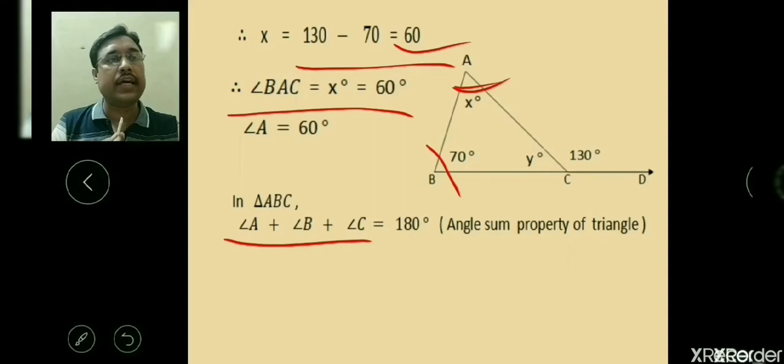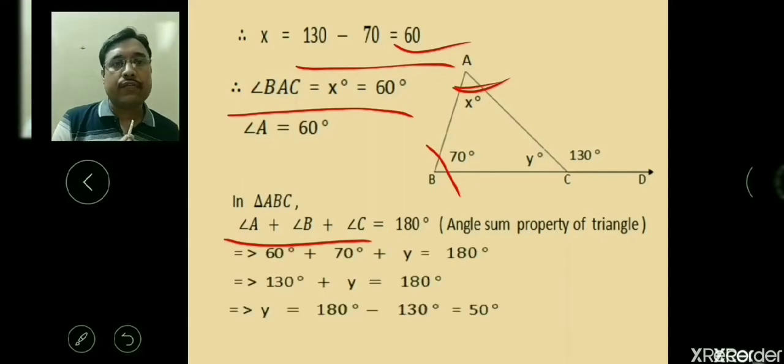Now, 60 is the measurement of angle A, angle B is 70 degrees here, and angle C is Y, as given in the figure. So 60 plus 70 plus Y is 180.